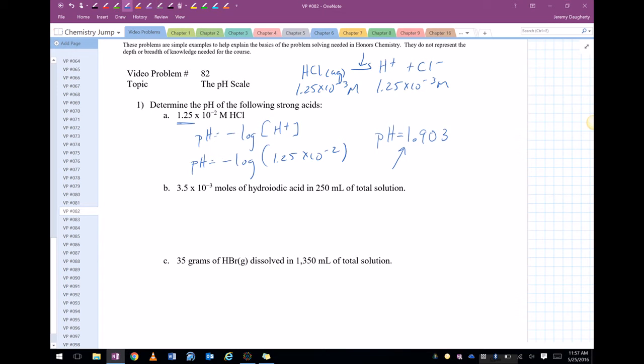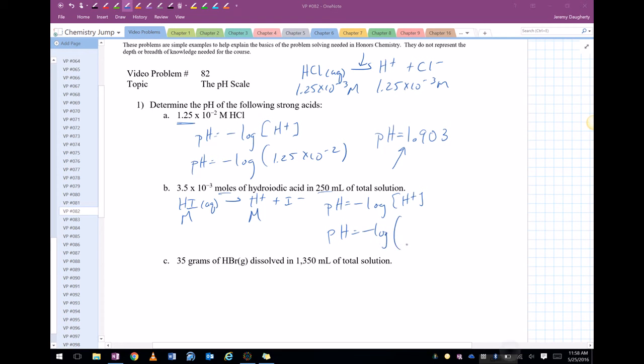Okay? Now, 3.5 times 10 to the negative third moles of hydroiodic acid in 250 milliliters of total solution. So hydroiodic acid is another strong acid, so it's going to break up completely like this. So whatever the molarity of that hydrogen iodide is, that is the concentration of the hydrogen ion. So for this, it's still just negative log concentration of the hydrogen ion. But notice I'm given moles and milliliters, so I have to figure out what that concentration is.